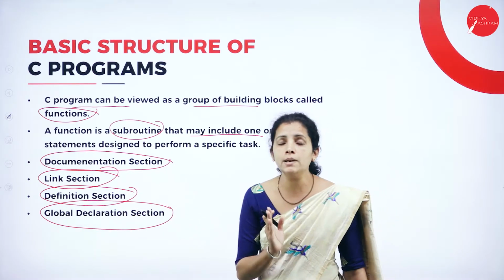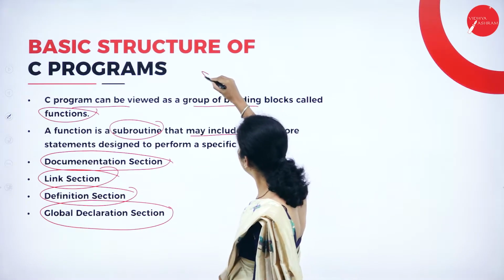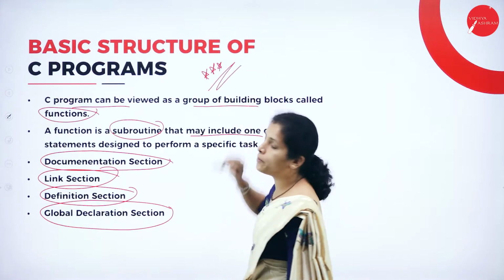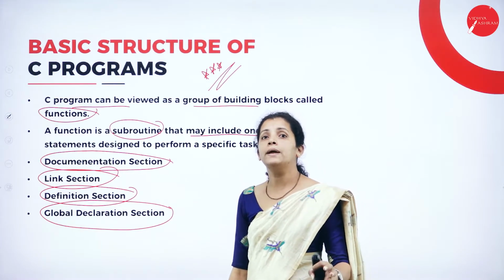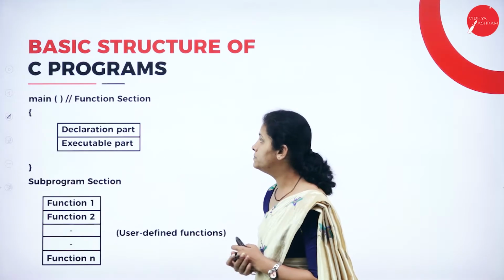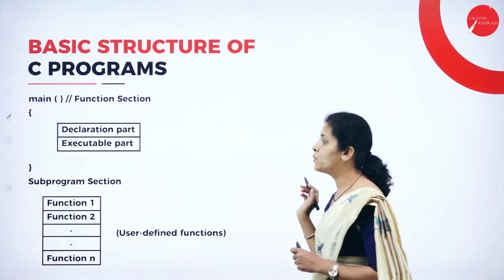So dear student, please make a note here. From the examination point of view, this is a very important topic, and you can expect this question in your final exam. This is the basic structure of a C program.